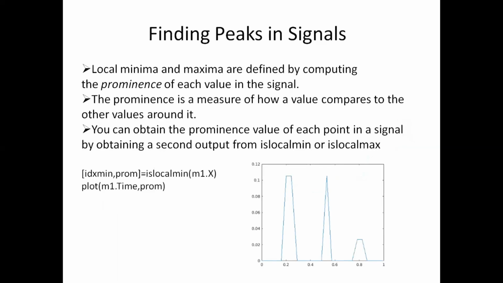Once that is done, now I will calculate the prominence value of each local minima and local maxima. We will first see how to calculate this prominence value, and then we will see how to use it further in our feature extraction. To get the prominence value, we will use the same functions, islocalmin and islocalmax.